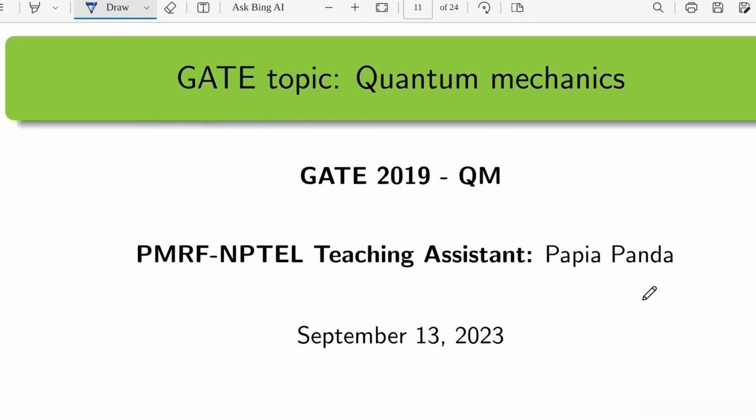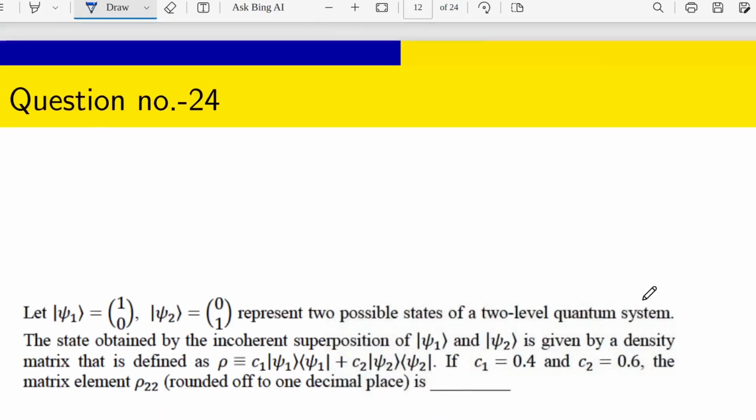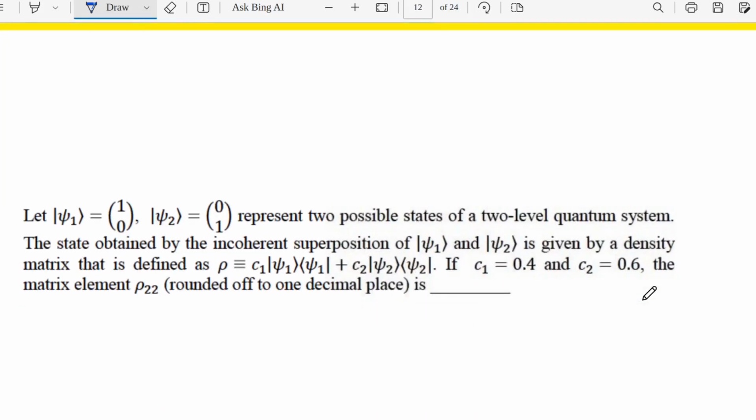Yeah, so the next question is from the 2019 GATE physics question paper, question number 24. Here you can see the question at first. Let psi 1 be (1, 0) and psi 2 be (0, 1). These two represent two possible states of a two-level quantum system. The state obtained by the incoherent superposition of psi 1 and psi 2 is given by a density matrix defined as rho, equal to C1 |psi 1><psi 1| plus C2 |psi 2><psi 2|.